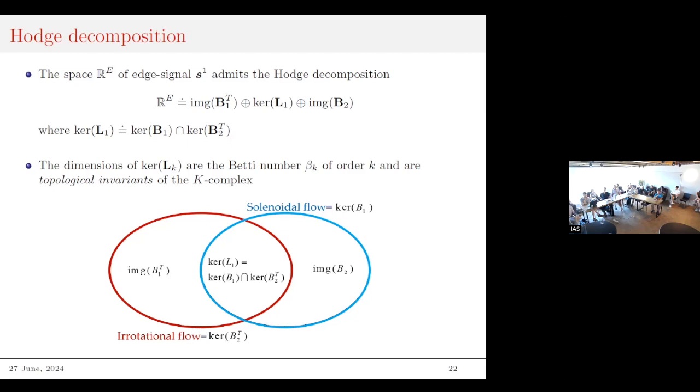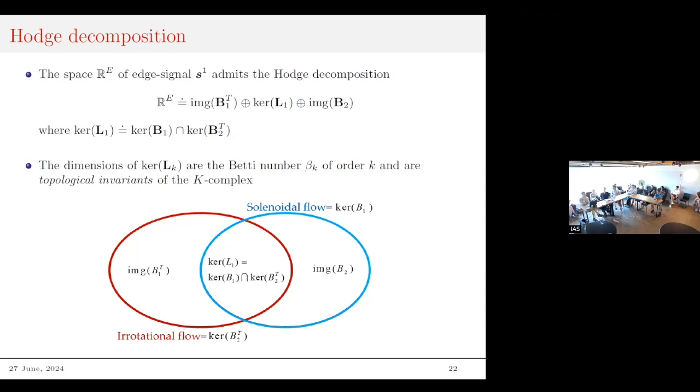These are the edge flows, like the signals on the edge. And the dimension of the kernel is the number of holes in the cell complex. It is able to identify the invariant of the space, the number of holes in the cell complex, so that by using an algebraic tool, we are able to extract information on the space.